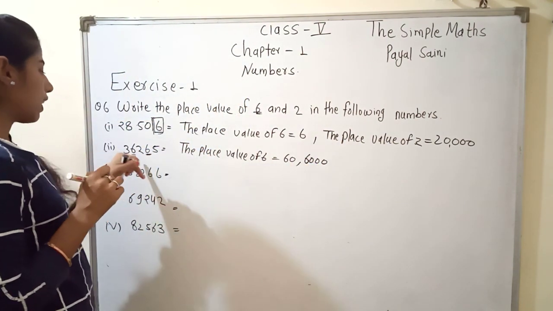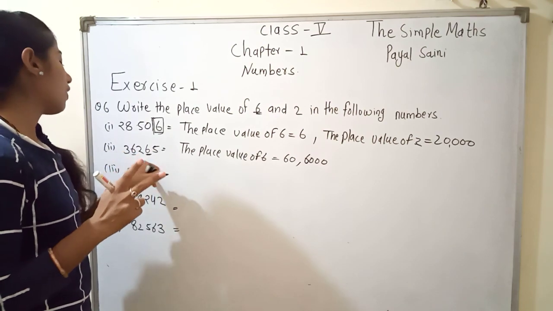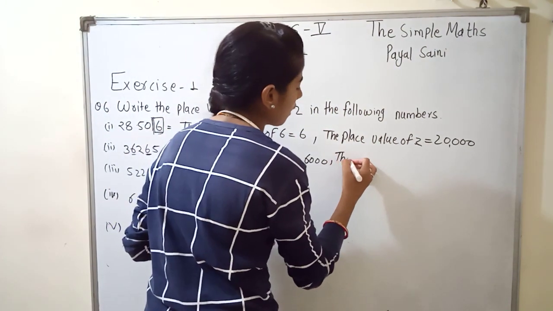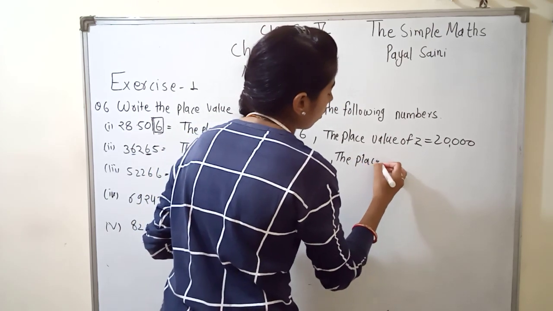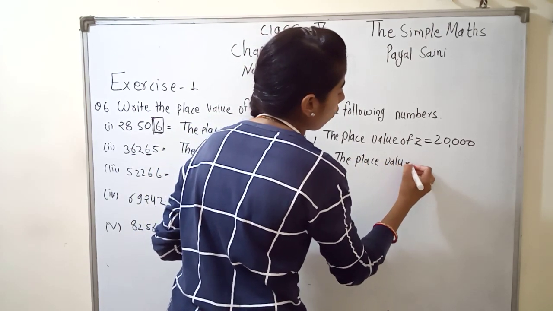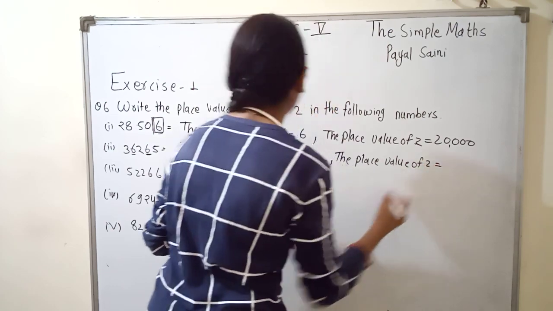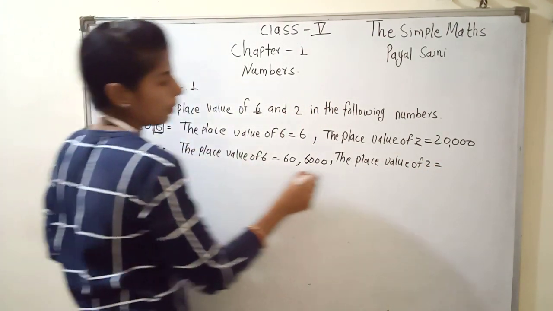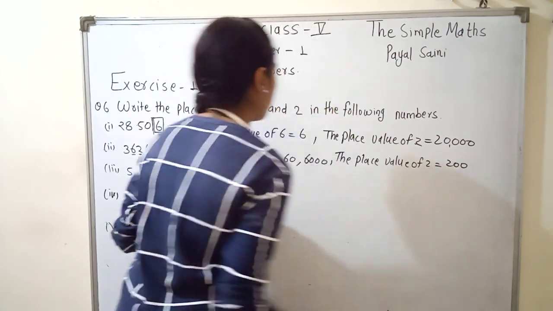In question number 2, there are two 6s, so we write both place values. Now the place value of 2: in question number 2, the 2 sits in the 100's place, so it is 200.